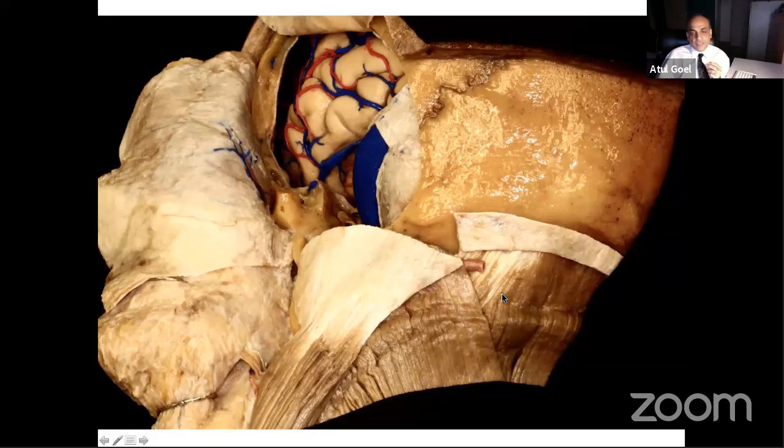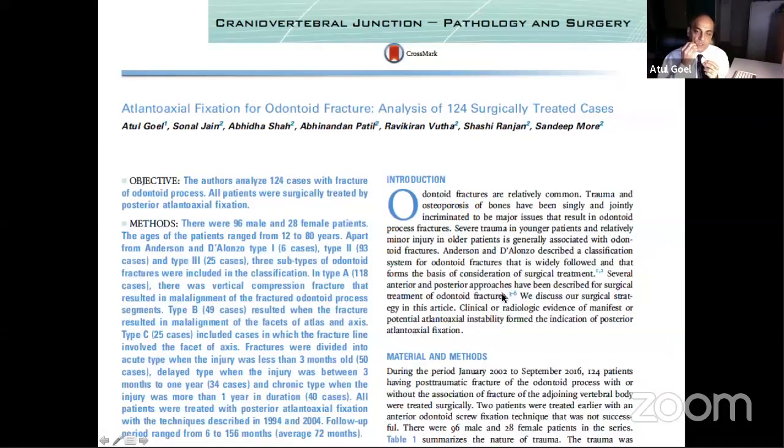So when there is odontoid fracture, now you will ask me what to do. And this is my article which I had recently written on odontoid fracture: what to do when odontoid is fractured. So there is a very common treatment of introducing a screw from front into the odontoid process.